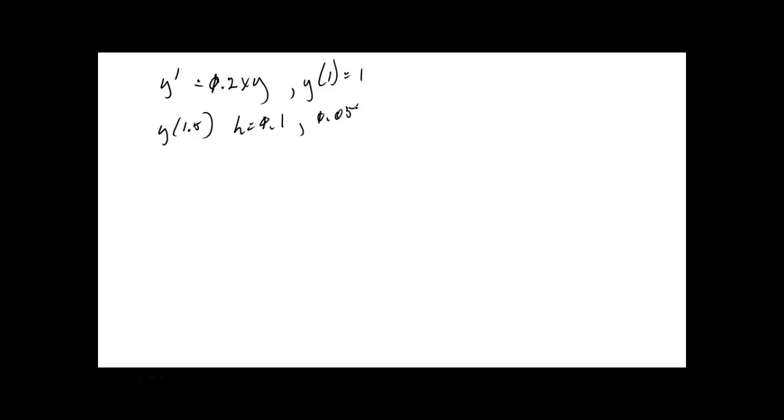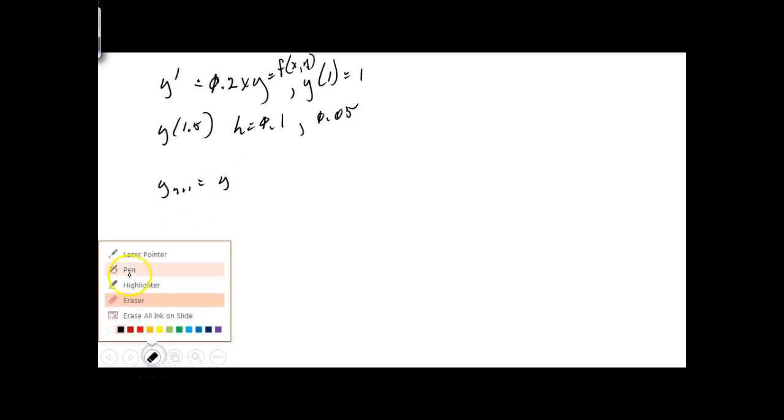Could have written this off to the side. I don't know why I didn't. Okay. So this is your f of xy. So your y sub n plus 1 is going to be y sub n. I say n and write 0, I don't know where that came from. Okay.